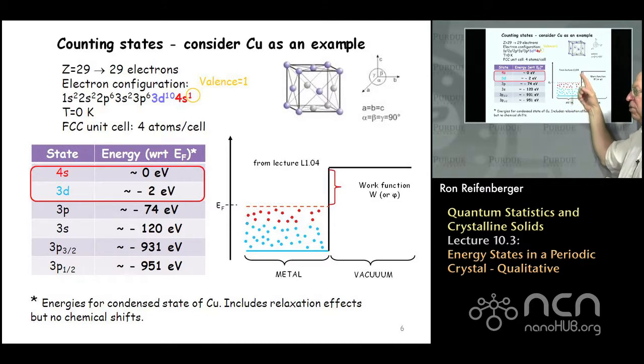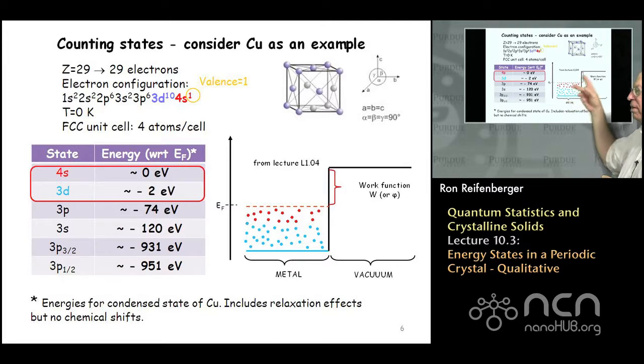There's a work function, or a barrier, that prevents the electrons from copper from spilling out into the vacuum. The most energetic electrons in copper lie near the Fermi energy, and I've schematically colored them in red. Below those 4s electrons, you have a band of 3d electrons, which I've colored in blue.